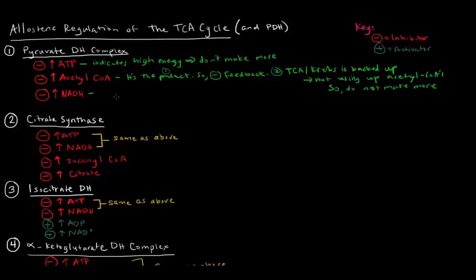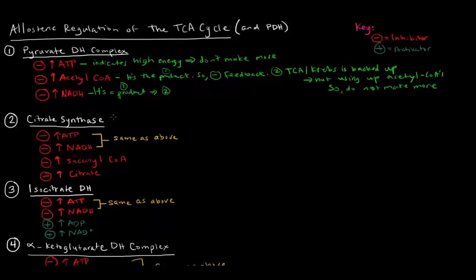Now high NADH, why would that inhibit the pyruvate dehydrogenase complex? Well, of course, it's also a product of the reaction, right? This dehydrogenase step does make an NADH, so it is a product. That's one reason. The second reason is, what do high levels of NADH indicate? If there's a bunch of NADHs around, they're not being reoxidized back into NAD+.